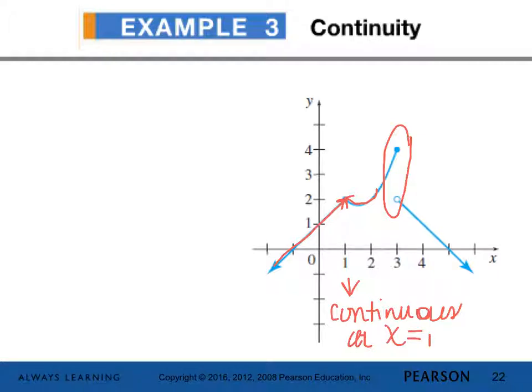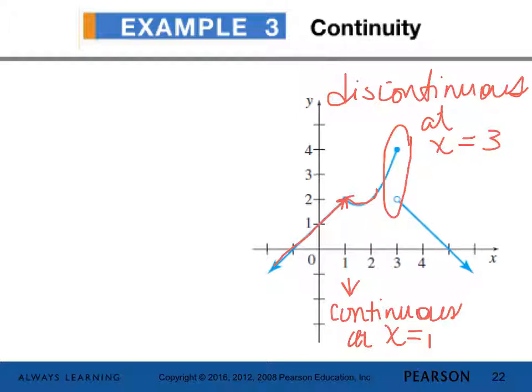But it is discontinuous at x equals 3. Now this is not the graph of the previous function, keep that in mind. It's just another example. This is a different graph. So from the graph, it's easy to find your discontinuities. If you have to work strictly from the equation, then sometimes it's a little more trouble.